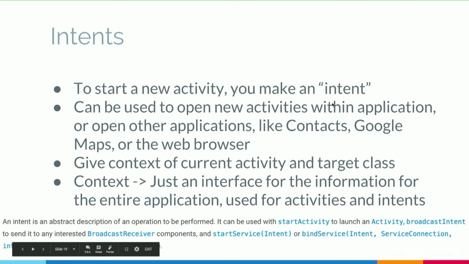What's cool is that you can create things called content providers, which we're not going to go into detail for. It's basically saying that there's a certain protocol to all the applications on your phone.